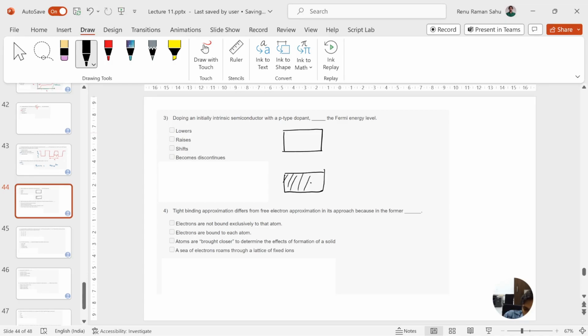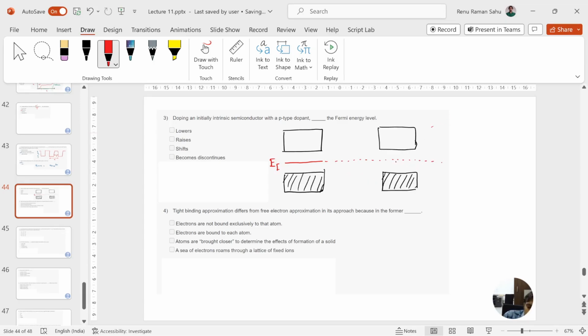This is your totally filled band. This is your extrinsic, this is your intrinsic, which you want to dope with a p-type dopant. Now this is your Fermi level EF for your 50%. If it is just this dotted line, it means nothing.